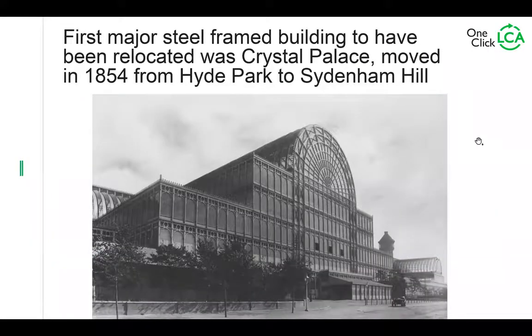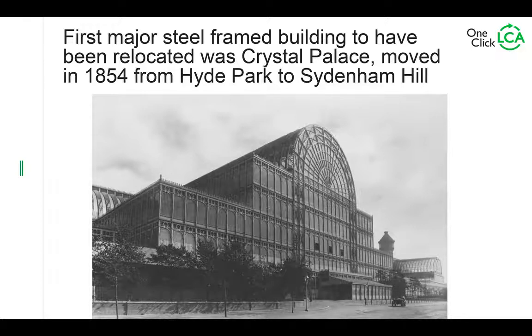So much for that. Okay, so about design for disassembly, right? If you are able to move a steel building in your carrier, you are not breaking ground. The first major steel frame building that was ever relocated was Crystal Palace. A huge, sadly lost building, destroyed in 1936.